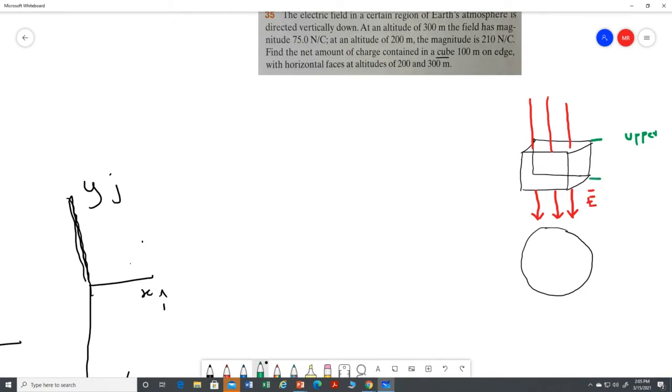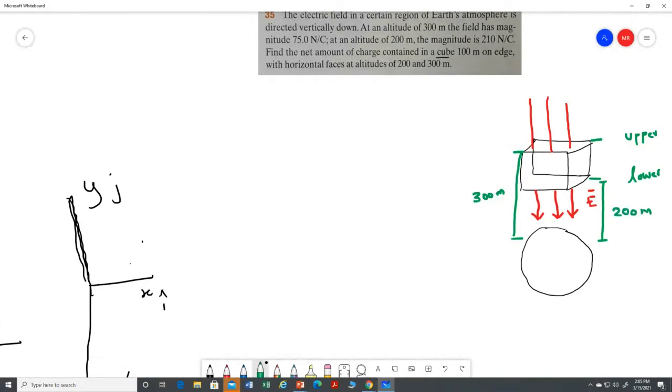Clear? Understand? Okay. What is the height of the upper layer? It's 300 meter. What is the height of the lower layer? 200 meter.